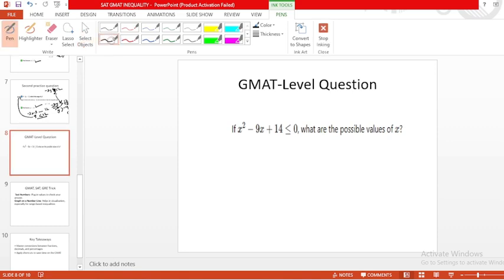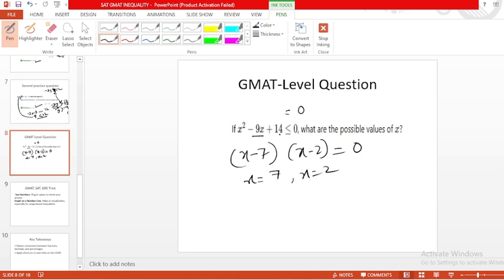So I take my pen again. As you know, by splitting the middle term, I'm not going into how it is to be solved, we get, if it is a quadratic equation equal to 0, in place of the inequality sign you put 0. So the solution set is x equal to 7 or x equal to 2.